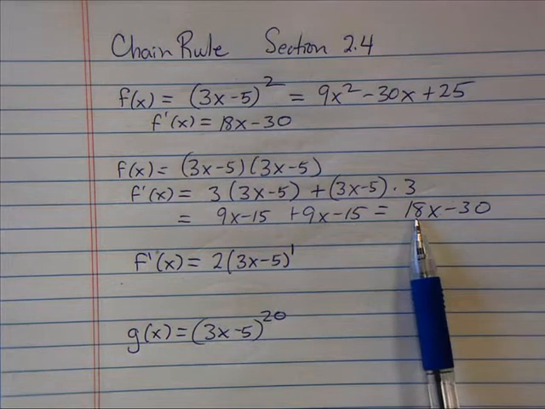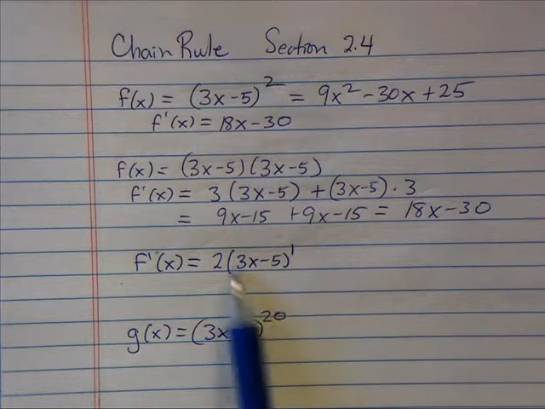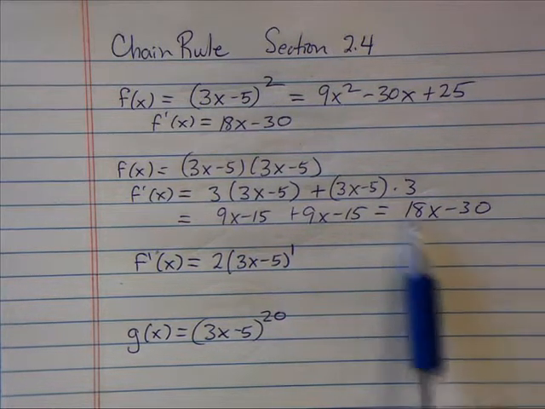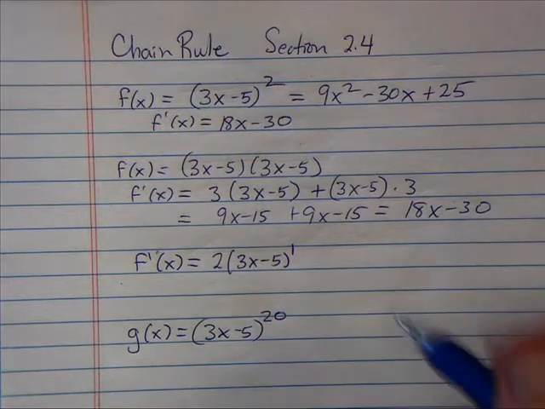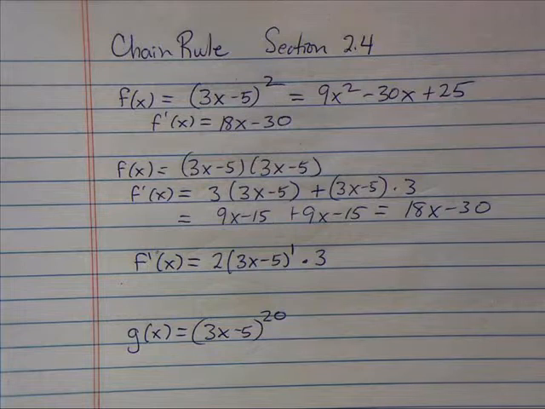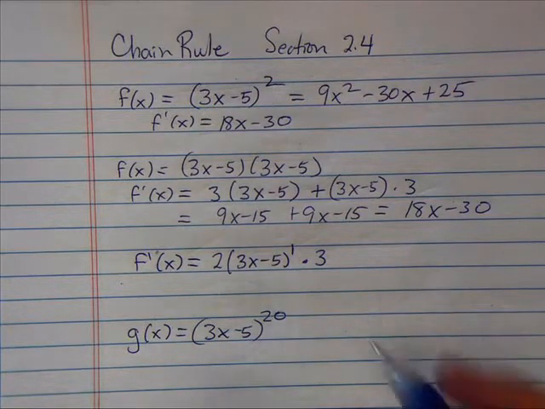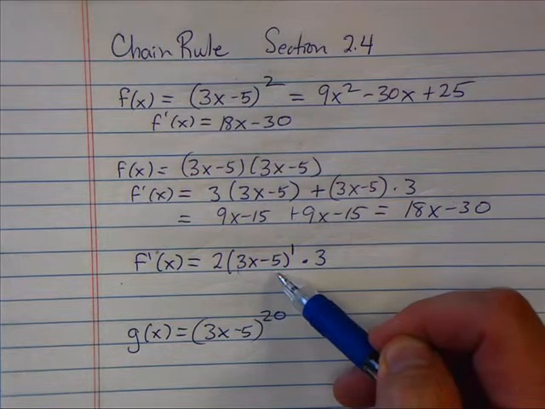We need to have 18x minus 30. How do I take 6x minus 10 and turn it into 18x minus 30? Multiply by 3. And 3 is something very special in this problem. What's 3? It happens to be the derivative of what's inside the parentheses.